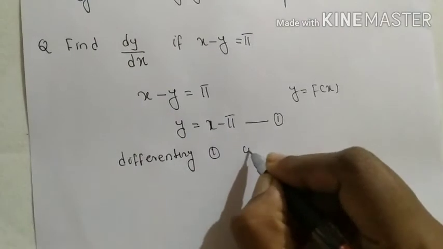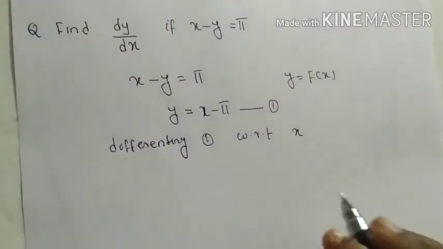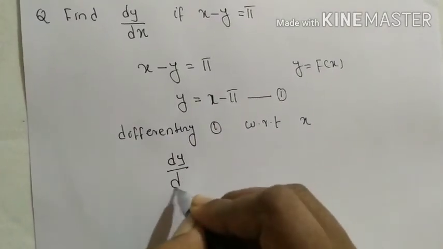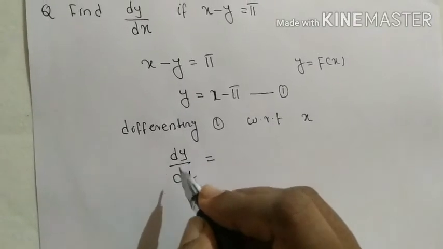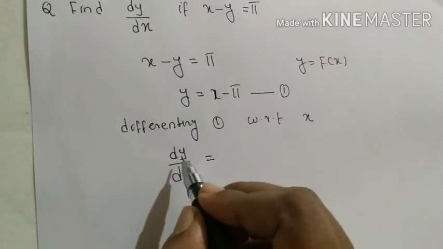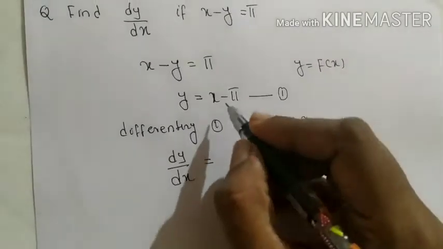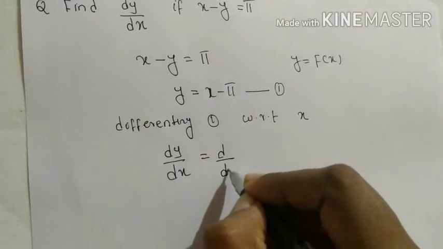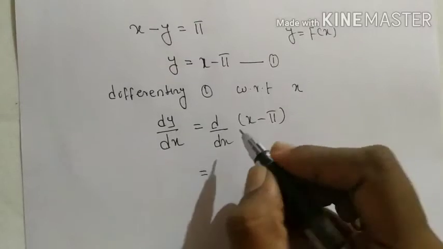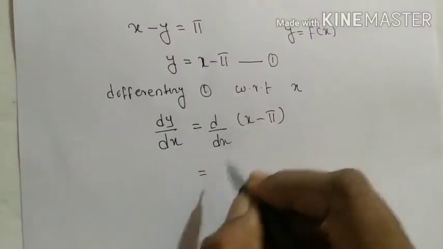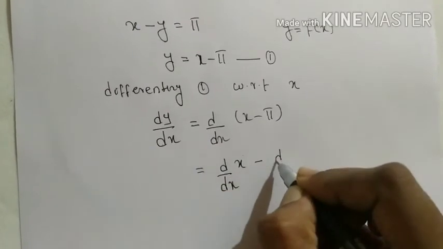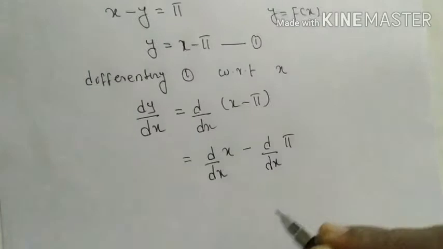Differentiating 1 with respect to x, we get dy by dx equal to, that means differentiating with respect to x of y. So we can write it as dy by dx equal to derivative d by dx of x minus pi, which will be equal to derivative of x minus derivative of pi.